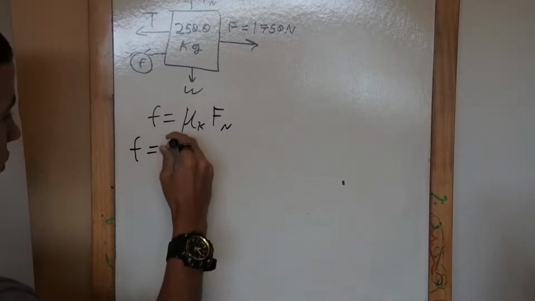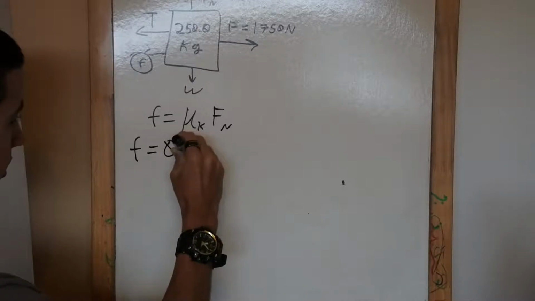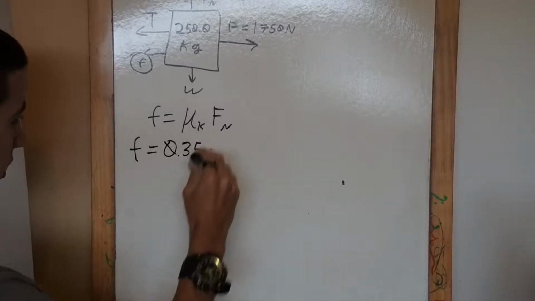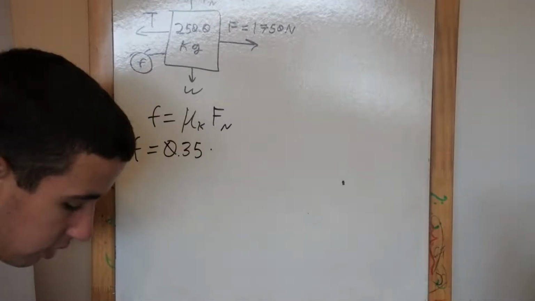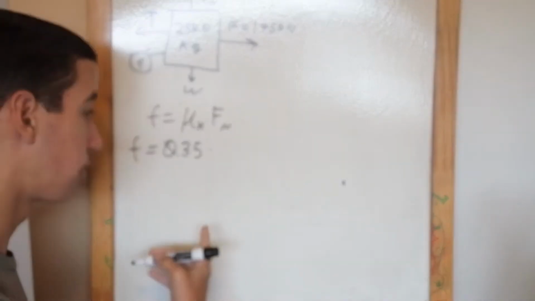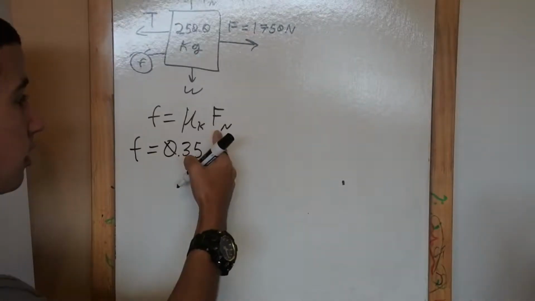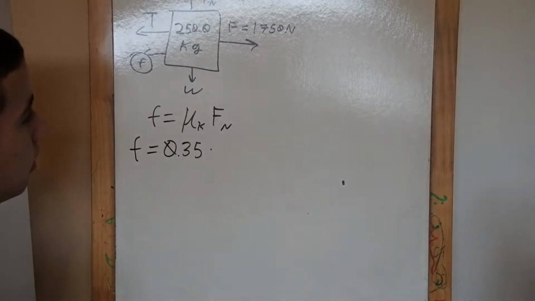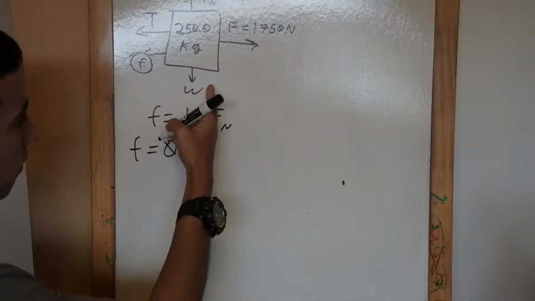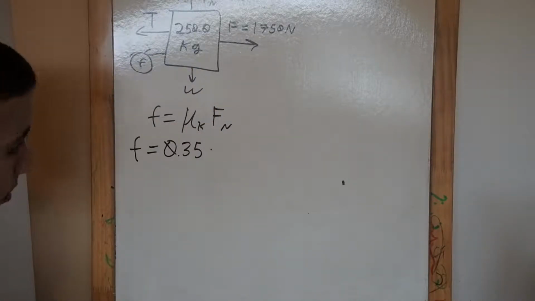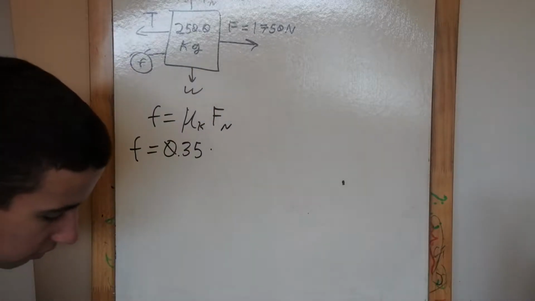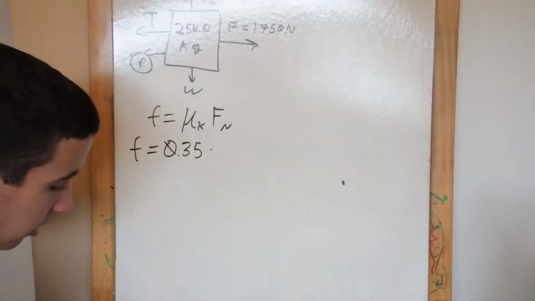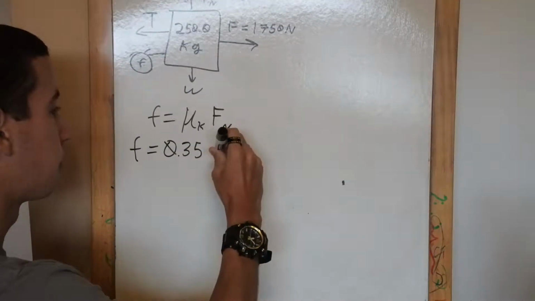The coefficient of kinetic friction is the same, because they didn't say there are 2 different coefficients here, they just gave us 1, so we're going to use 1, times the normal force, which is equal to the weight. So, we can solve for the weight. 250 kilograms times 9.8, again 2 significant figures. That is going to come out to 2,500 newtons.